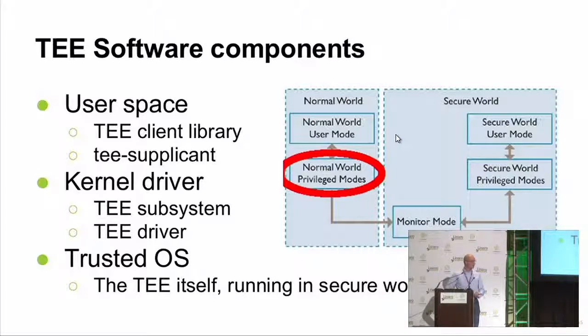In user space, we have the TEE client library and a TEE supplicant. I will go into the details of this a bit later. And then the thing in the red circle is the kernel driver, which consists of the TEE subsystem and a driver. And then in secure world, we have the TEE itself.